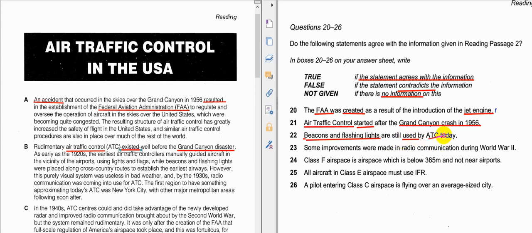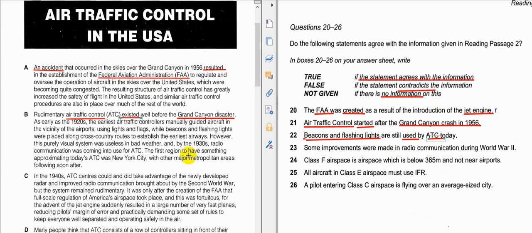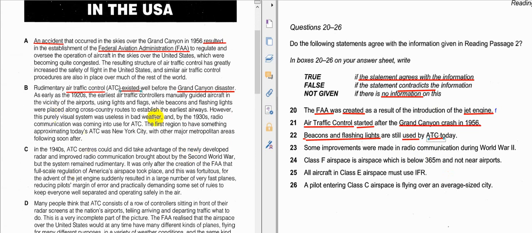Okay, so beacons and flashing lights use ATC today, or I would just use ATC. That would be okay. And as we can see at a glimpse, a lot of ATC are still being discussed in this passage. So let's see if we can find beacons and flashing lights. Oh, okay, we already found it. Here, beacons and flashing lights.